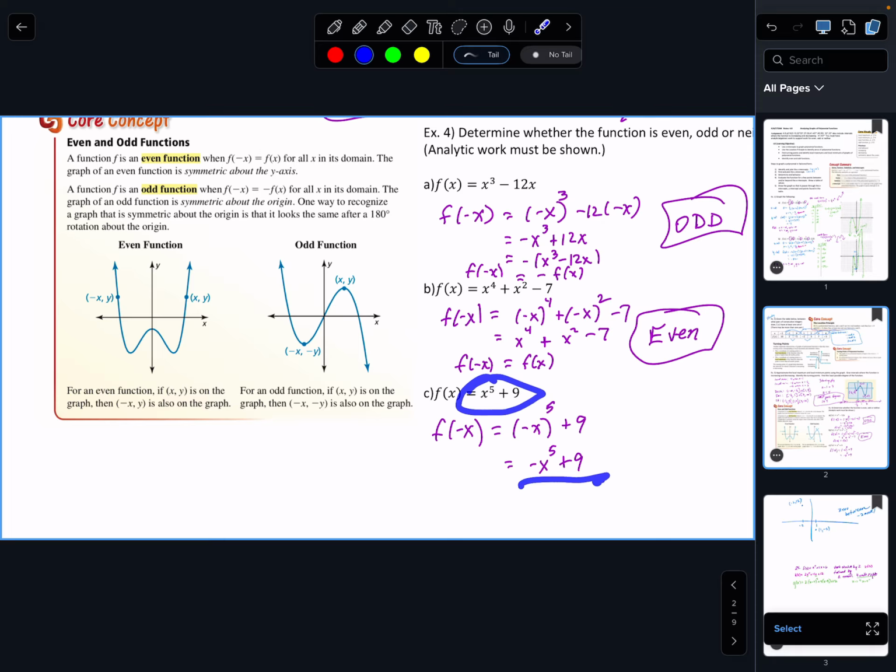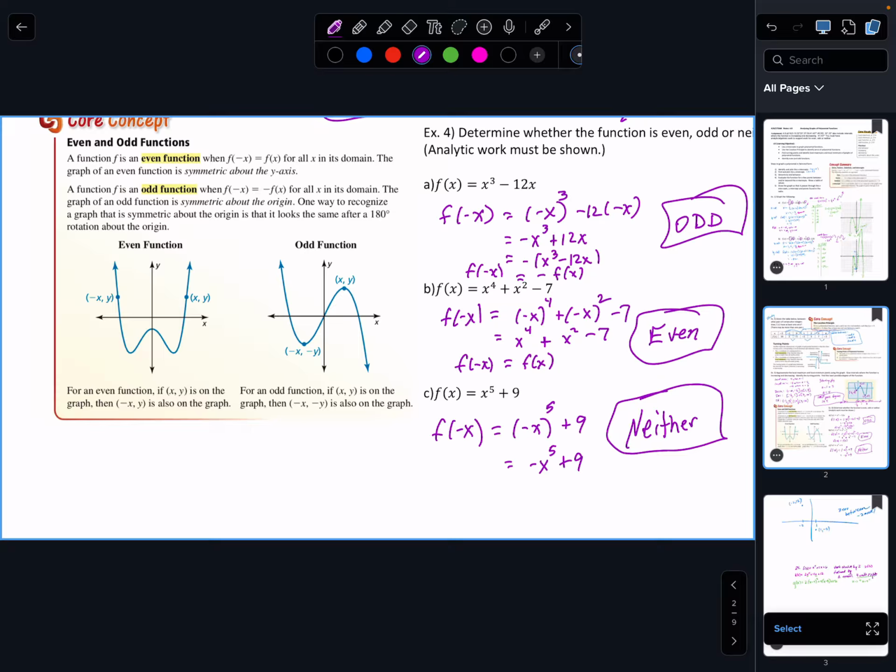You got halvesies. This is neither. It has to be exactly the same or exactly the opposite. Most polynomial functions are not going to be even or odd. Most of them aren't. But we do need to be able to identify it. And that's the notes wrapped up.